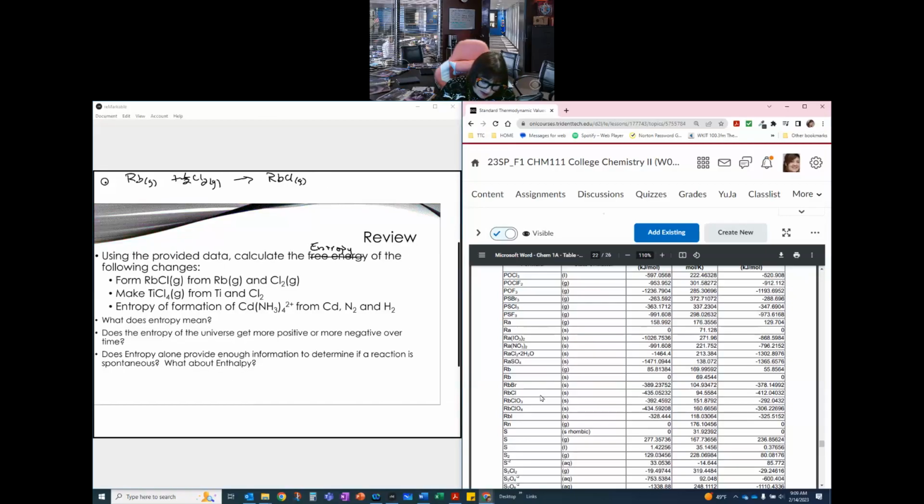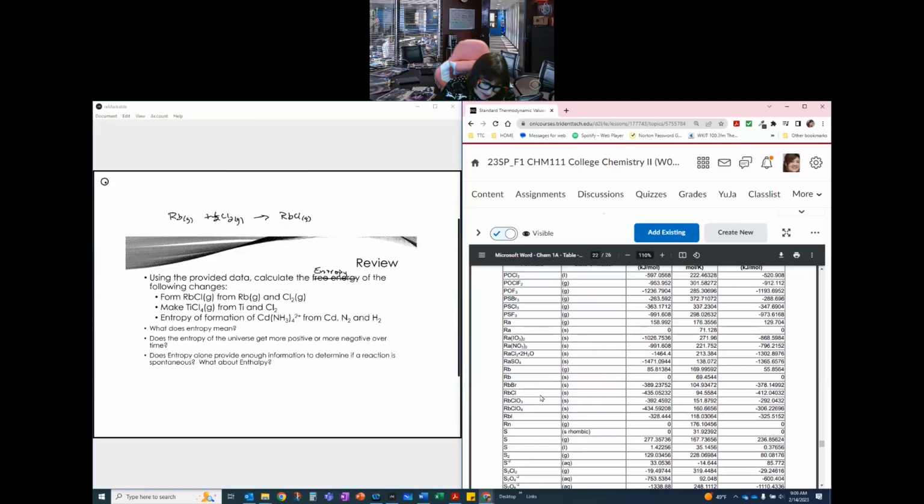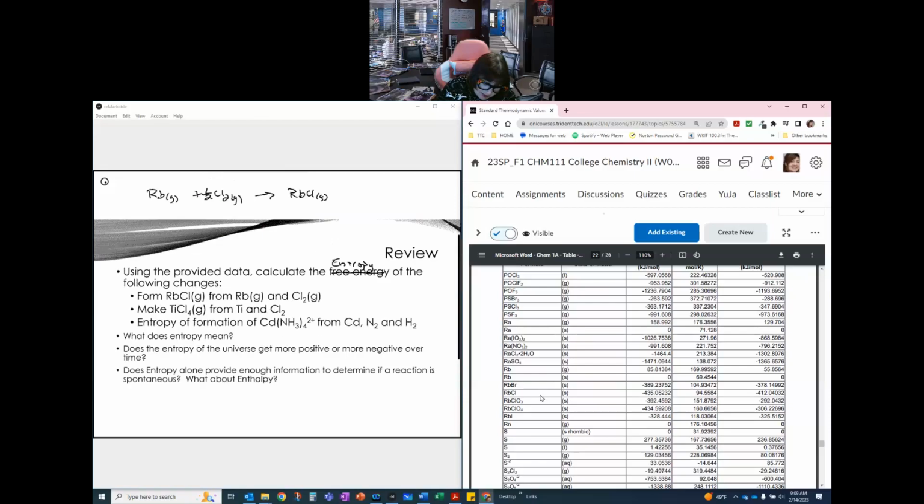Sorry, my technology is not working with me. So I'm going to change this from gas to solid, and I'm going to change this to solid, because those are the only values I have to work with. Unfortunately, I can't calculate phase change if I don't have another value that I can work with.